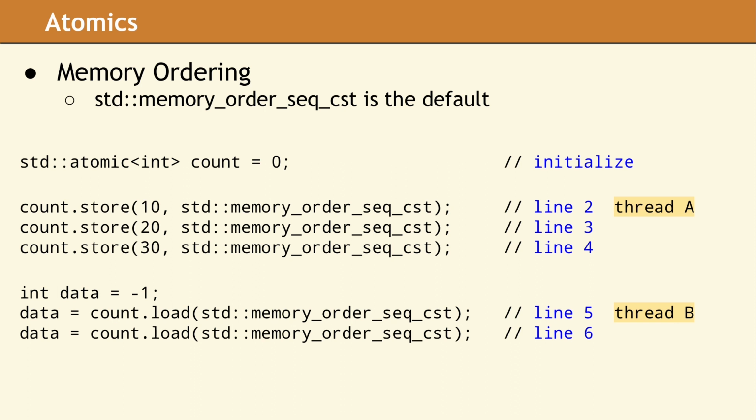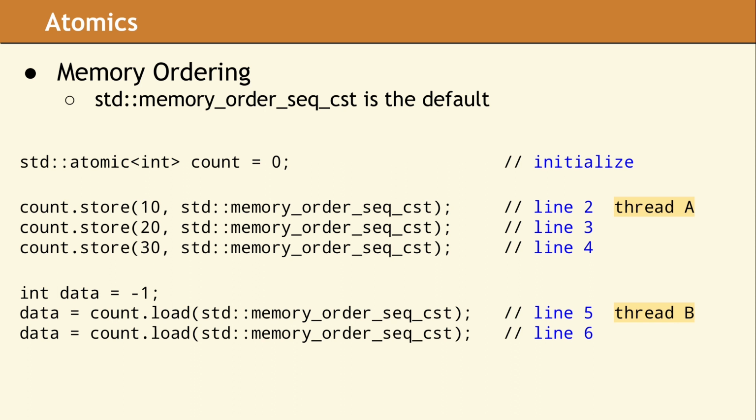To reason about the code for correctness, we want to consider the possible values thread B might see on lines 5 and 6. It is likely that thread B will read the same value both times, for example, 10 and then 10 again. It is also possible thread B will read two different values, perhaps 0 and then 20.